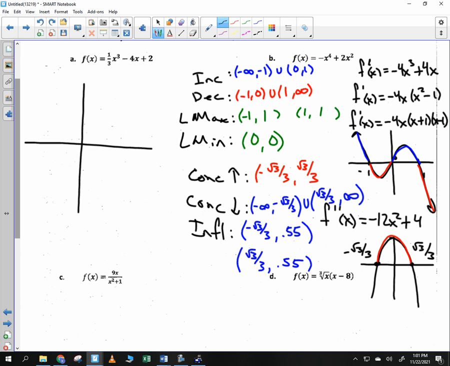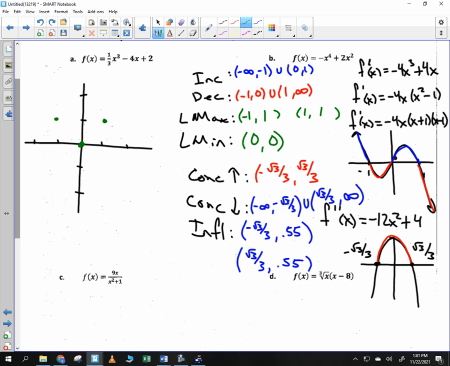And what I want to show you is what we know at this point. I know that this graph goes through a location of 0, 0. Everybody agreed? And I know it has a local max at negative 1, 1. I know it has a local max also at 1, 1.